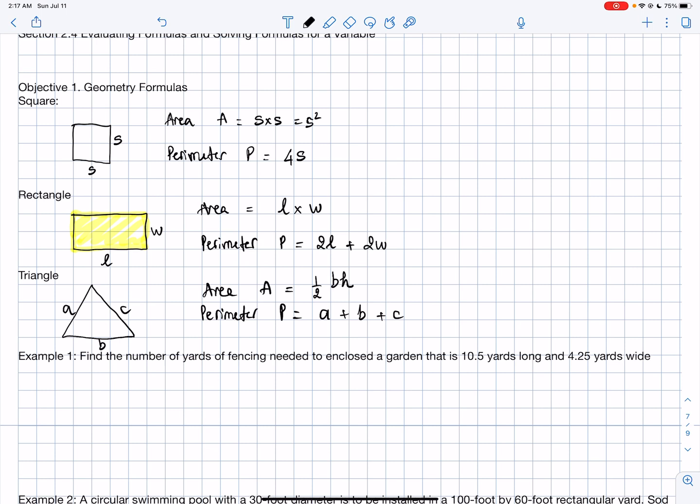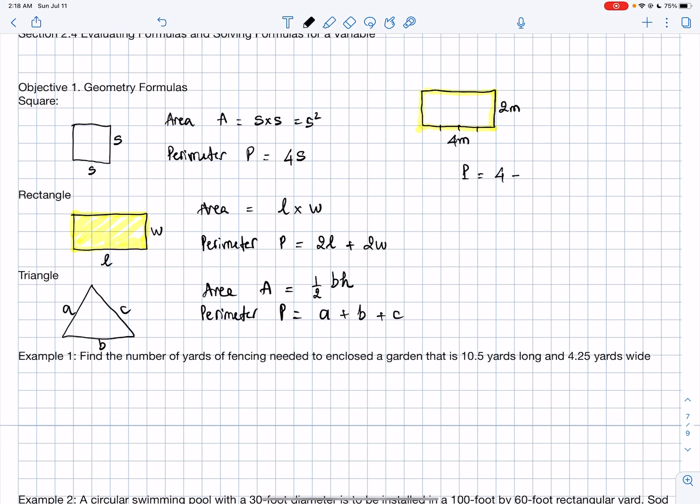So for example, let's look at this example. If I have a rectangle and I draw this rectangle with the length 1, 2, 3, 4, so 4 meters, and the width is 2 meters. To find the perimeter, we go around. So we go 4, and then we go 2, and then we go 4, and then we go 2.